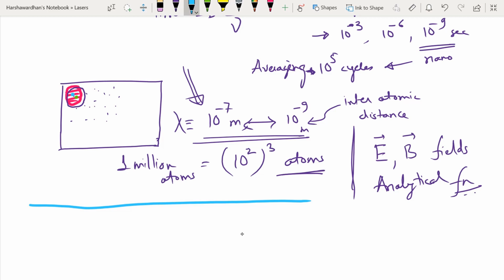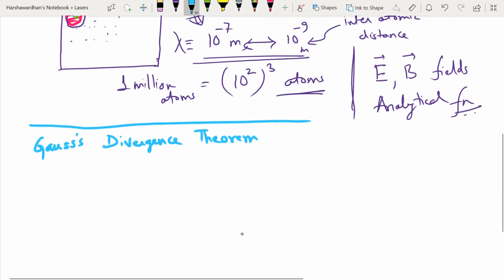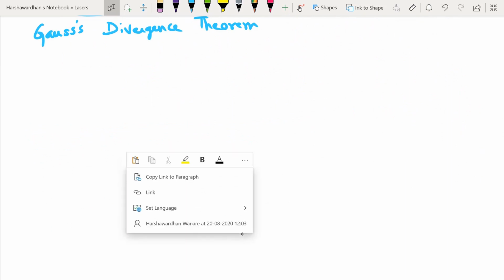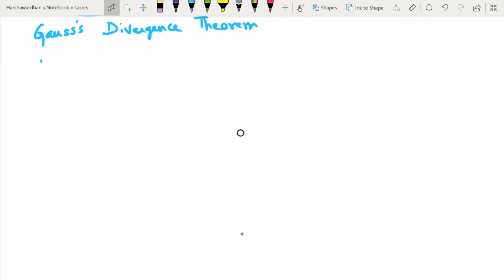To go between these two forms, we require essentially two theorems, which I'll briefly state. One is called Gauss's divergence theorem, and the other is the Stokes theorem. Gauss's divergence theorem states the following. Let me consider a vector field.